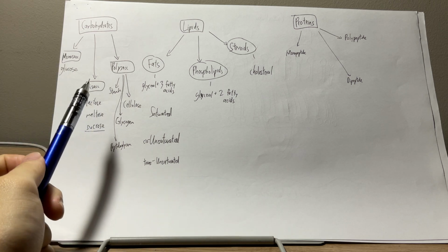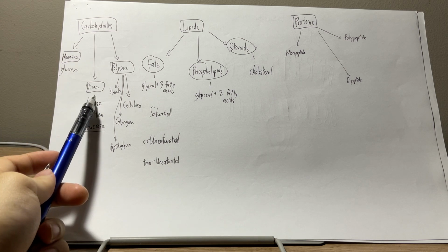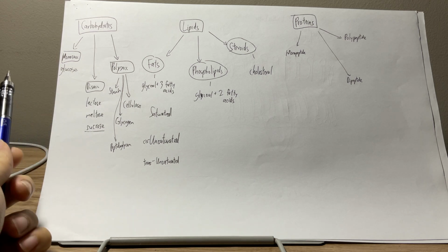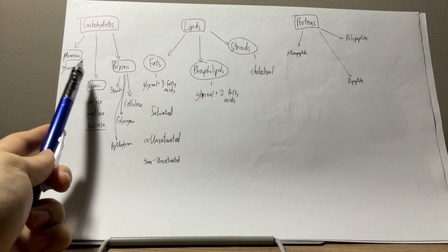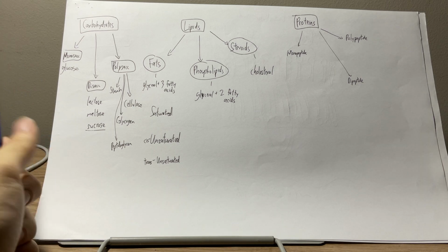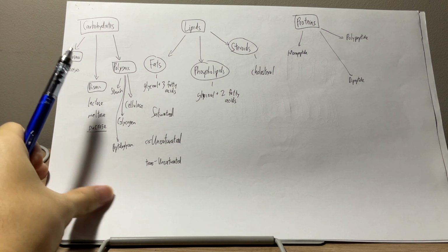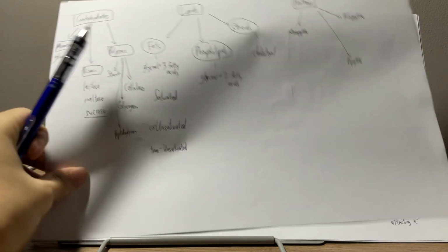You add more, and if you add one, it becomes a disaccharide. I know there are equations for this, like glucose plus glucose. I hope I have the equations in my reviewer, but I can't be sure about that.